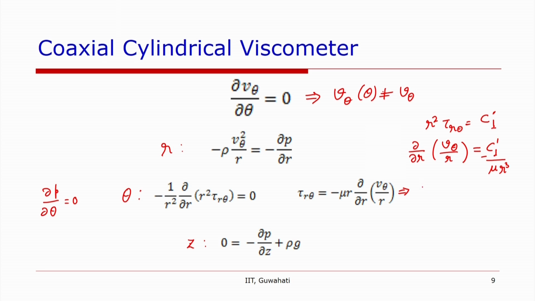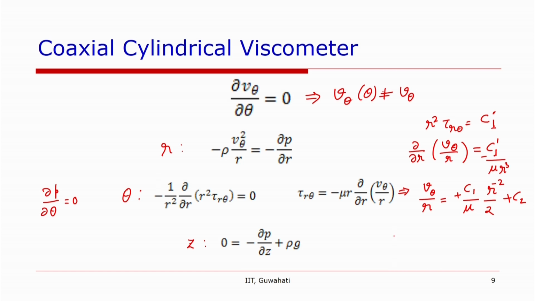So we get v theta over r is equal to minus C1 over mu, r raised to the power minus 2 divided by minus 2, plus a constant C2.